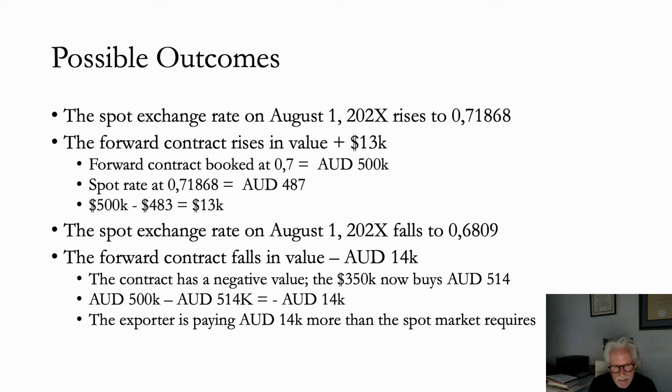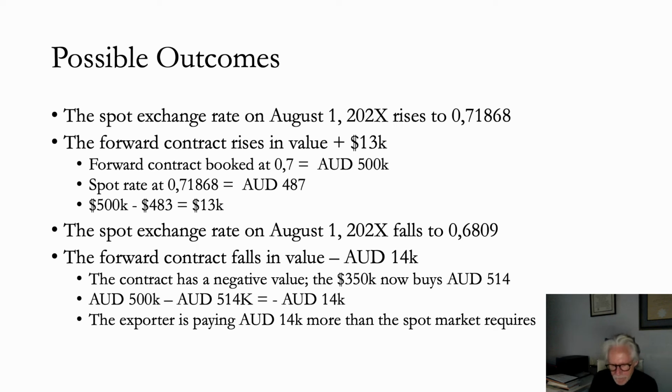Let's take the opposite scenario. The Australian dollar has depreciated. It falls to 0.6809. What happens there? Well, now our contract will not be so valuable. Why?